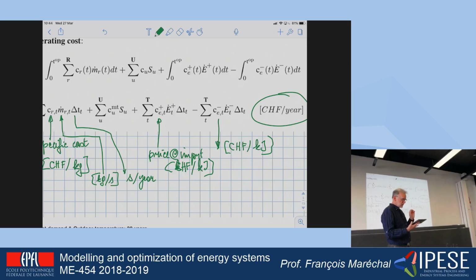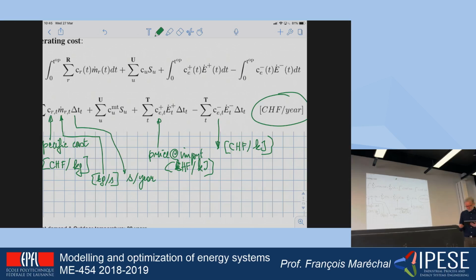So it's a specific price. I have written per kilojoule, but in reality you have to be careful about the units. You can also have prices in kilowatt hour. I have also used the resource in kilograms, but it can also be per kilowatt hour or per megajoule or per cubic meter. So you just have to be sure that you are using the right units for calculating the formula.